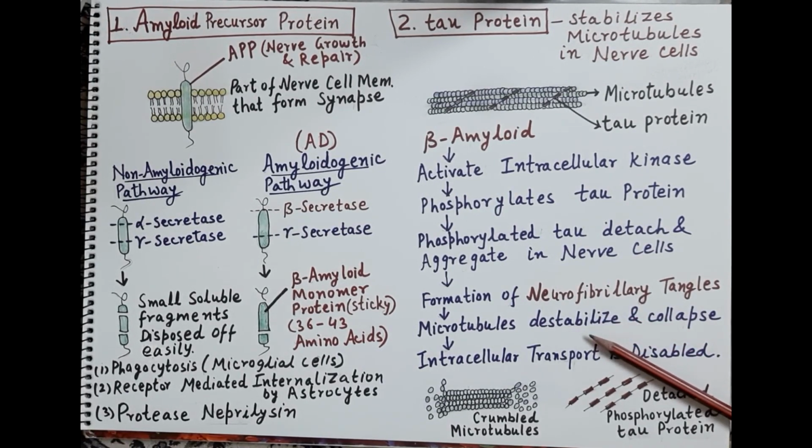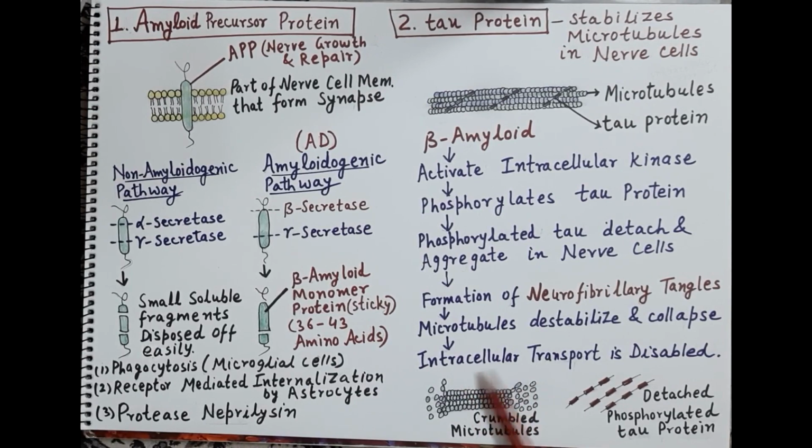Now, because of the detachment of tau protein, the microtubules destabilize and collapse. Here I have shown that because of the removal of the tau protein, these microtubules have become destabilized and they finally collapse.